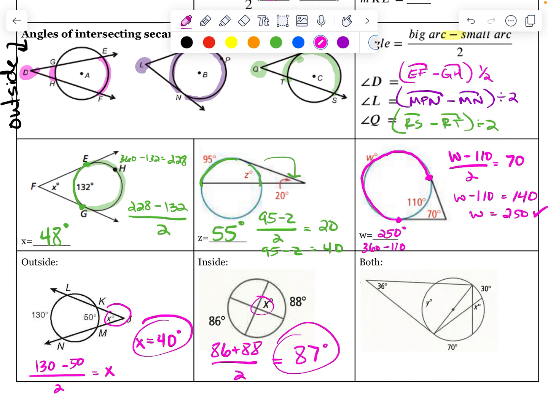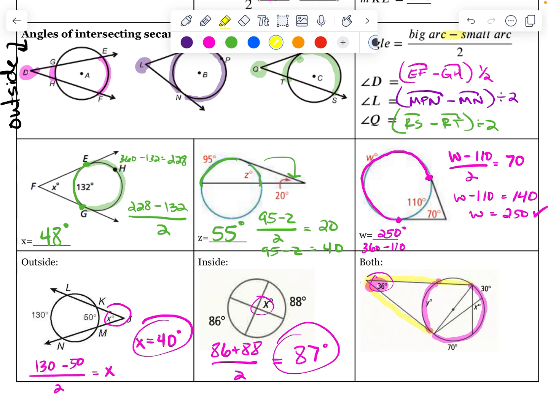So let's look. Outside, big minus little divided by 2. So if I look at this y right here, little, and then what is the big going to be? This one's going to be the big, because I'm looking at these lines right here.